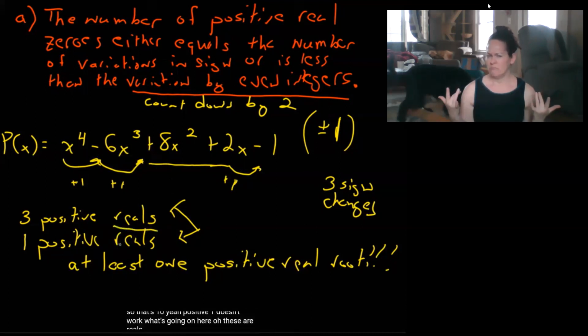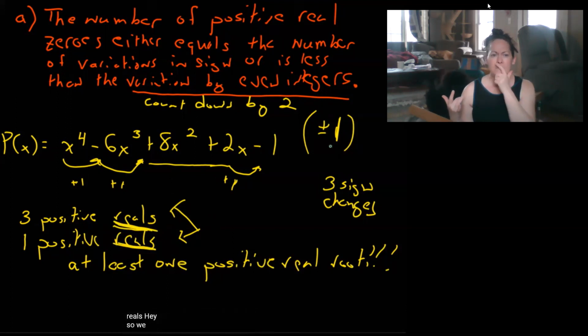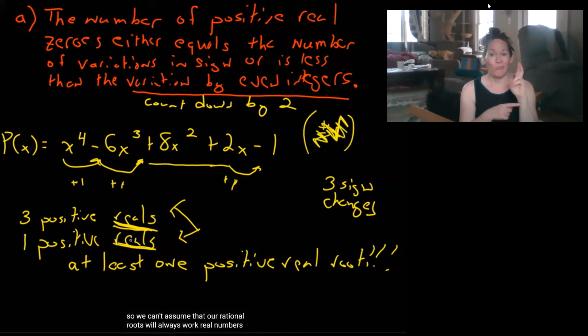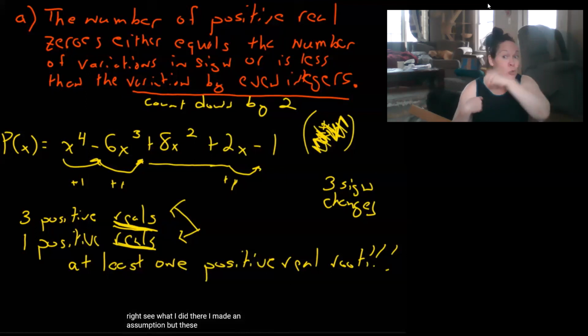Oh, these are reals. Right? So we can't assume that our rational roots will always work. Real numbers might come in. But this does help us narrow down the list of rational roots. Right? See what I did there? I made an assumption, but these are possible rational roots.